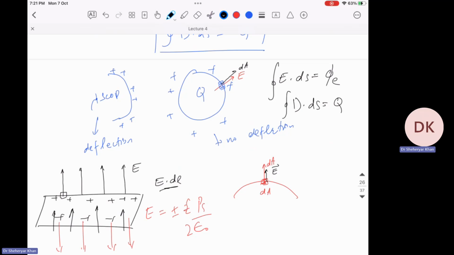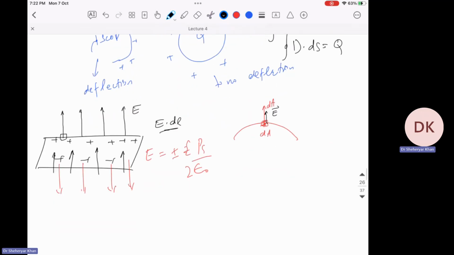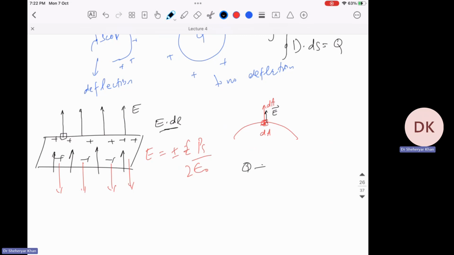Or if you have a D, you know the epsilon naught of air or medium, then you can directly find out the charge. Okay. So now we have completed the cycle, that is charge produces electric field, electric field produces flux, and flux links with charge. That's called the Gauss law.